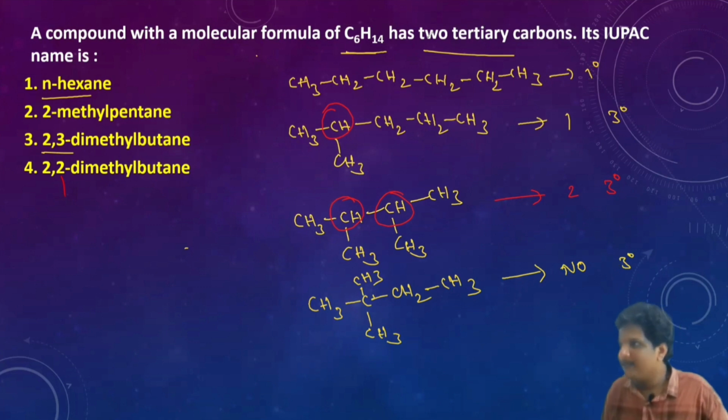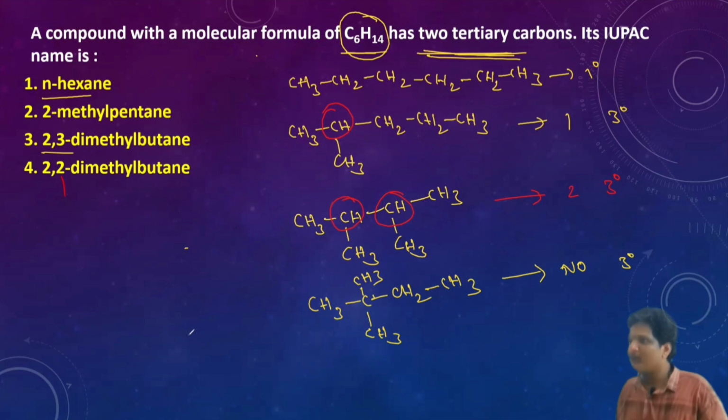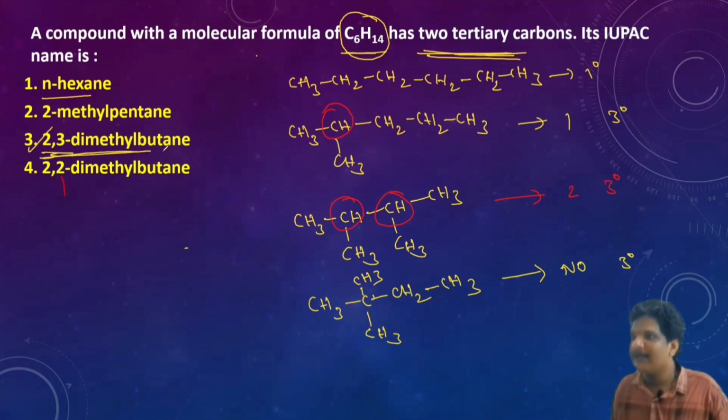They are asking which compound with molecular formula C6H14 contains 2 tertiary carbons. So the correct option is 2,3 dimethyl butane, that is option 3. So is it clear?